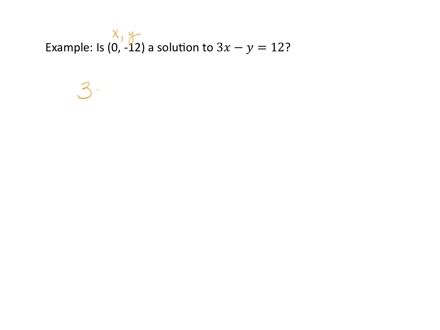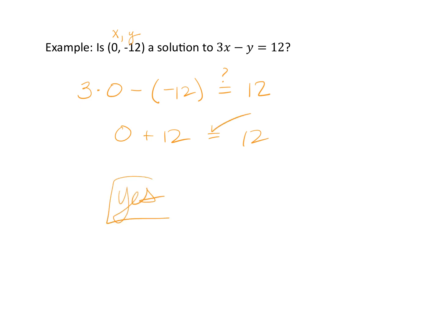So this says 3 times 0 minus -12. Does that equal 12? So this would be 0 plus 12. Yes, it equals 12. So yes, the point is a solution to the equation.